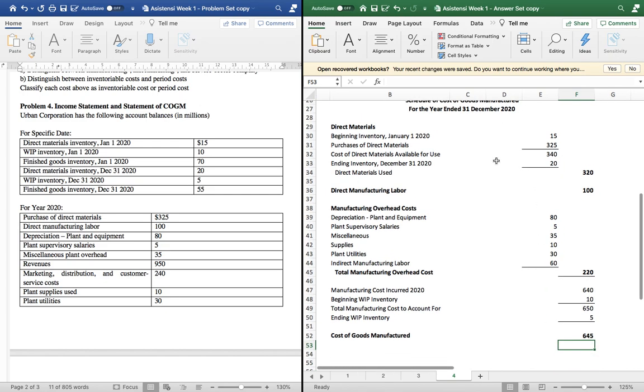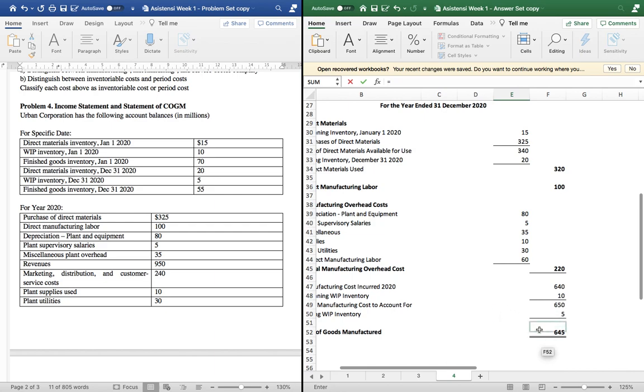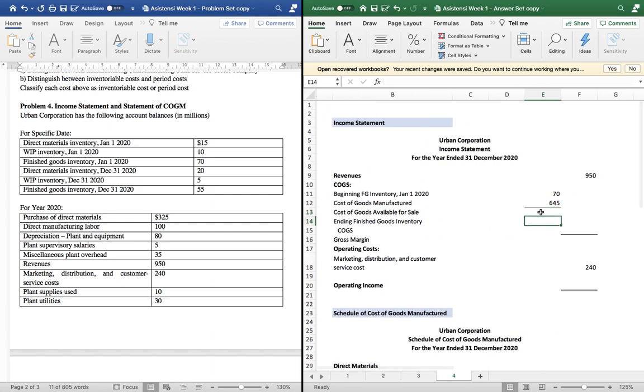After completing this second schedule, we can go back to our first schedule and input the COGM, 645. So we have the cost of goods available for sale by adding the beginning finished goods inventory that we have in the beginning of the year, plus the cost of goods manufactured in the course of 2020, and we subtract the ending finished goods inventory, 55.